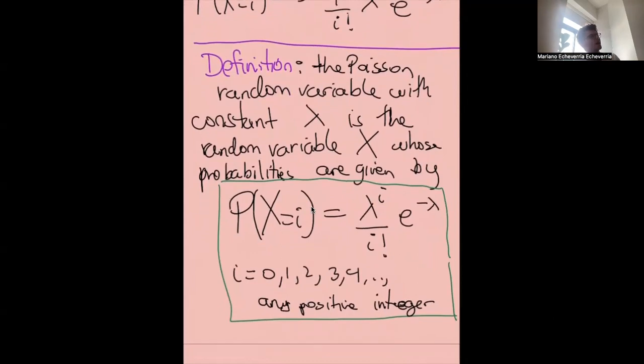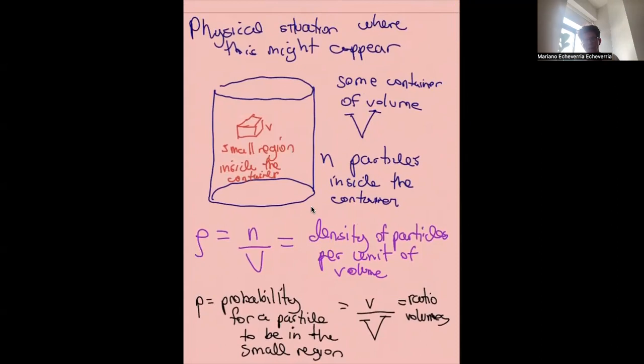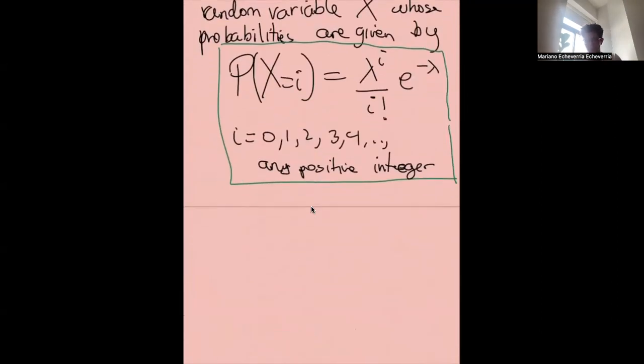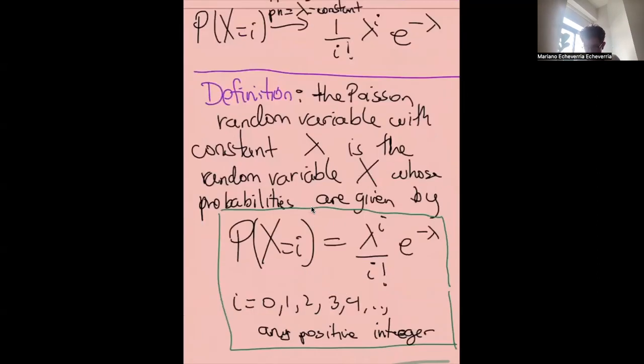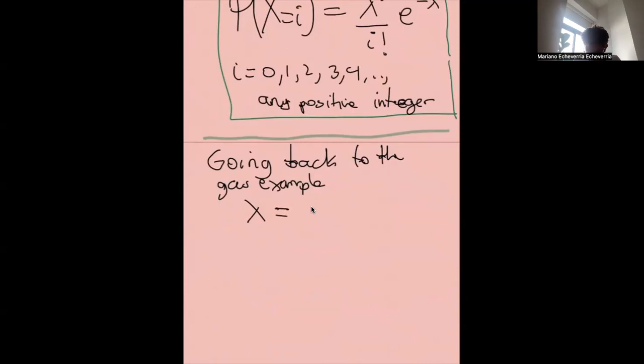If you go back to the gas example, where I said that lambda was rho times v.